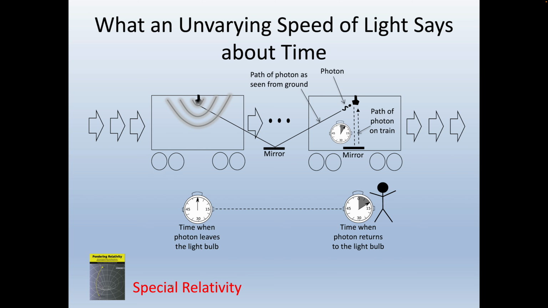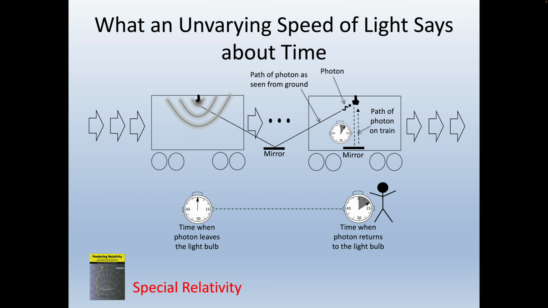So how does this work on the moving train car? In this case, the light appears to take a longer pathway as viewed from the side of the tracks compared to how it is experienced on the train car itself. And Einstein's answer to this is that it is time itself that moves more slowly on the moving train car.